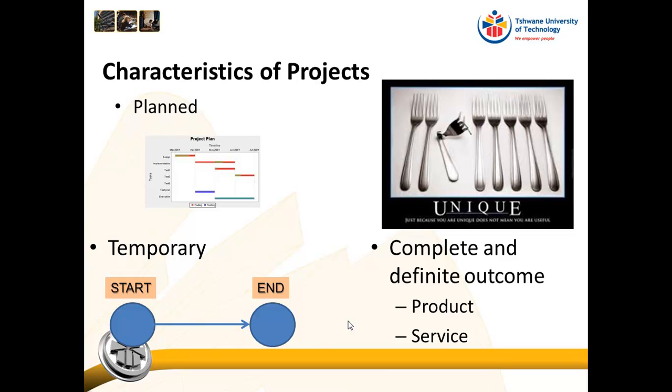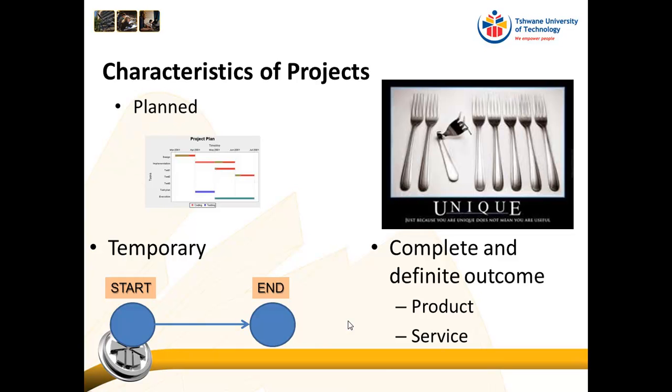And then the last thing is a project must have a complete and definite outcome. Now the outcome of a project can be a product. So let's take our fork example. If I was to design and manufacture or build the factory that is making the forks, my product is then that factory.